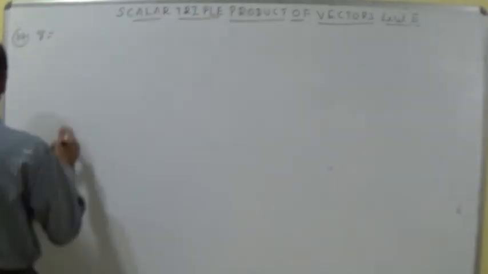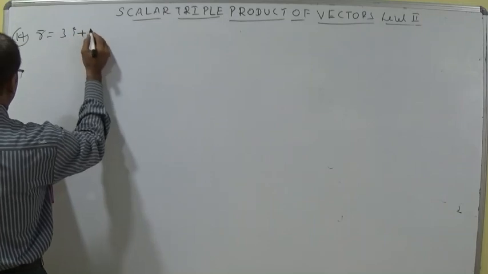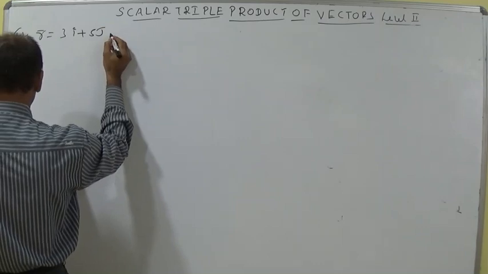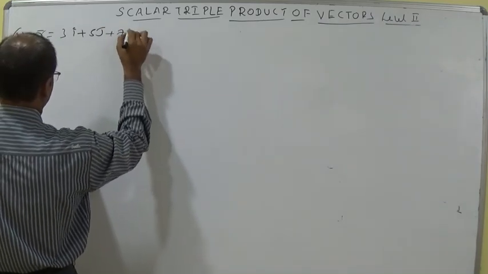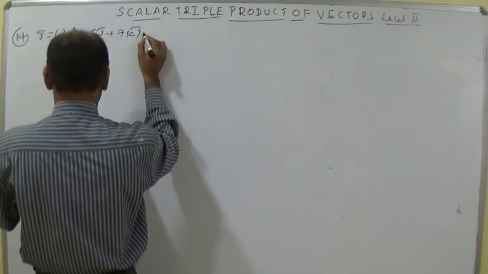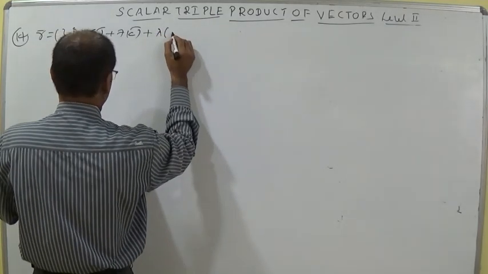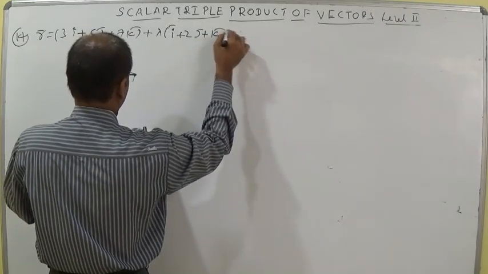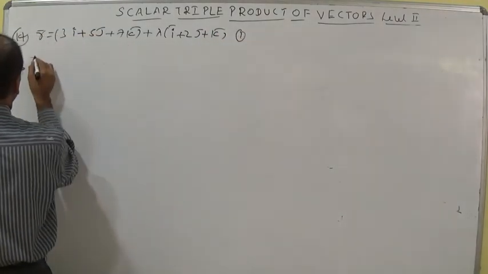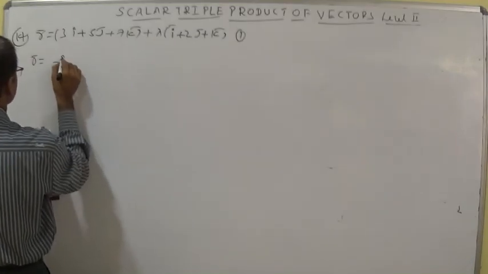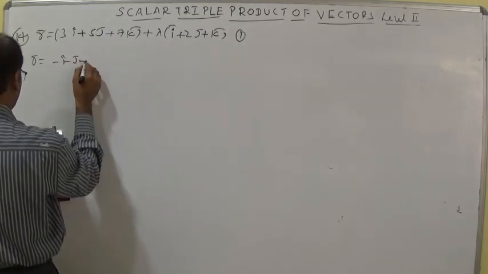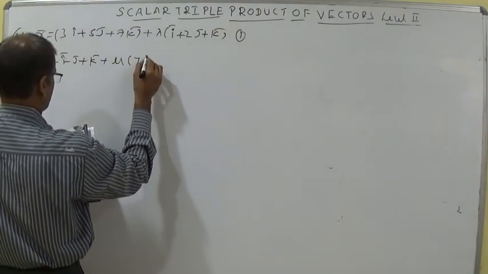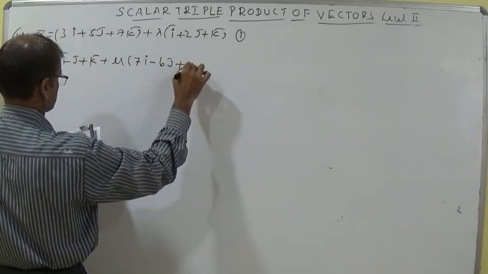R bar is equal to (3i plus 5j plus 7k) plus lambda into (i plus 2j plus k). This is the first line. Next, the second line: R bar is equal to (minus i minus j minus k) plus mu into (7i minus 6j plus k).